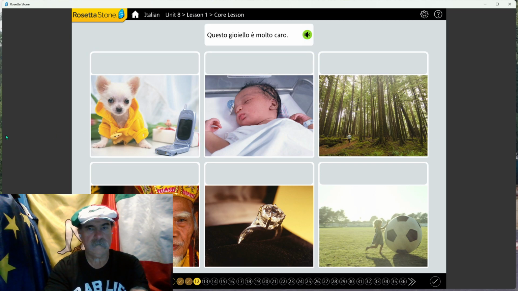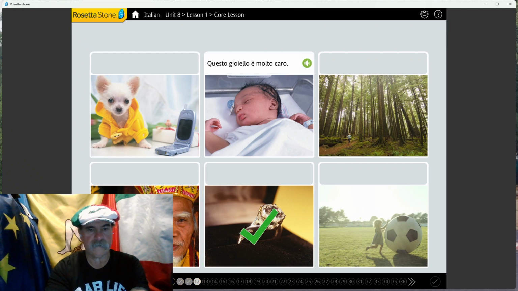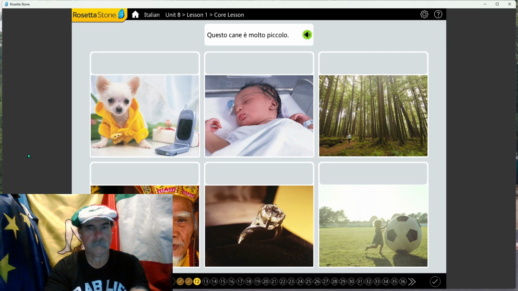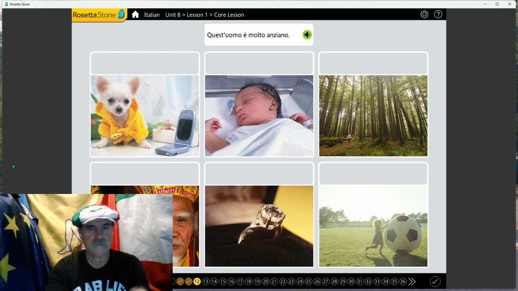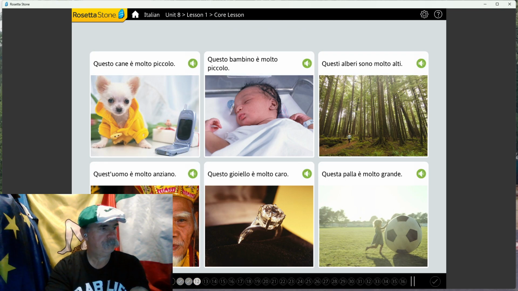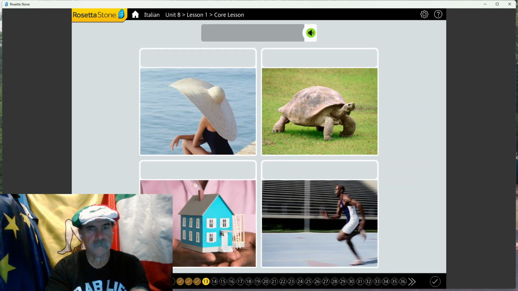Questo gioiello è molto caro. Questo cane è molto piccolo. Quest'uomo è molto anziano. Questo animale è molto lento.